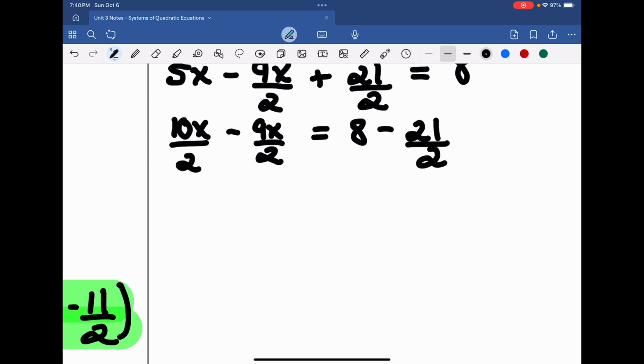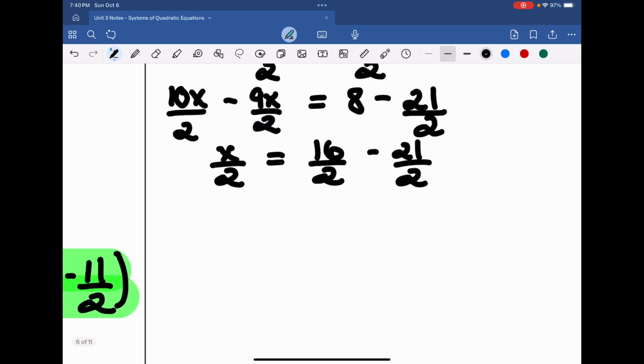Then we're going to simplify our left-hand side. 10x minus 9x is equal to 1x, or x divided by 2, which is equal to, on the other side, if I want 8 to become something divided by 2, it must be 16 over 2, because if we want to get back to 8. So this would become 16 over 2 minus 21 over 2.